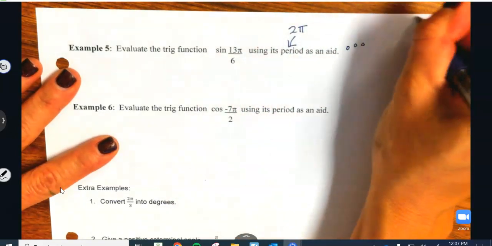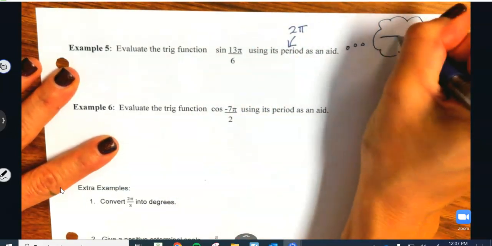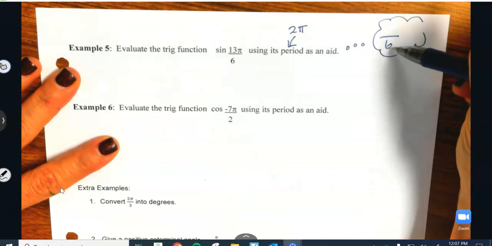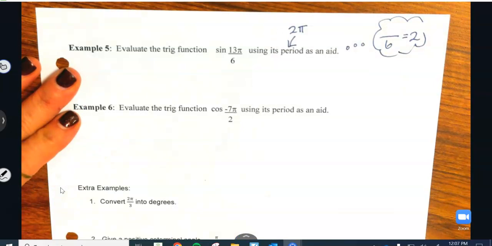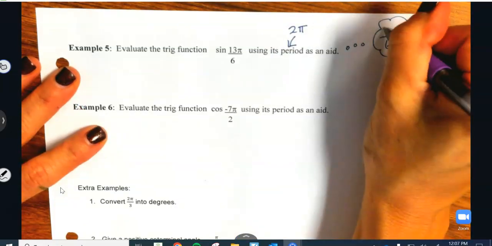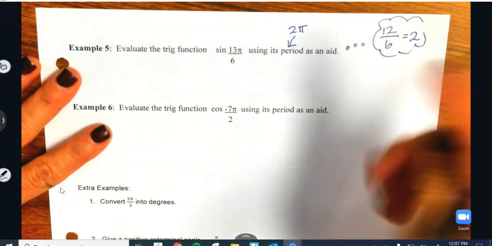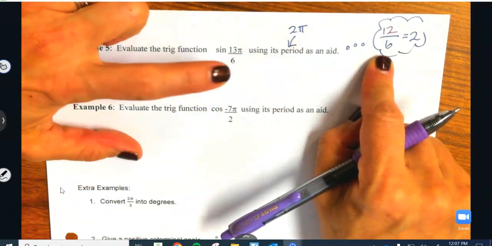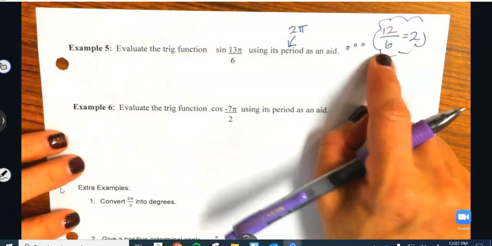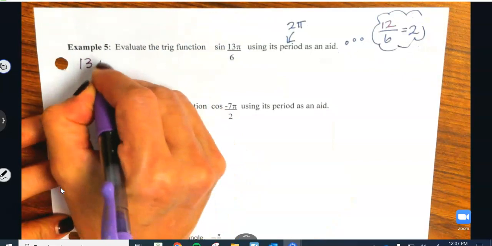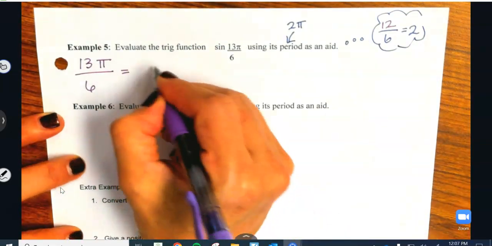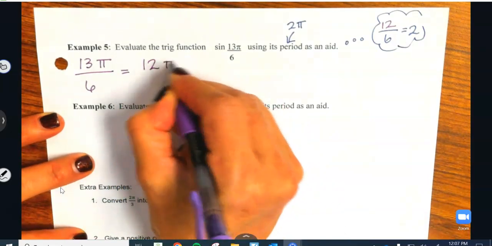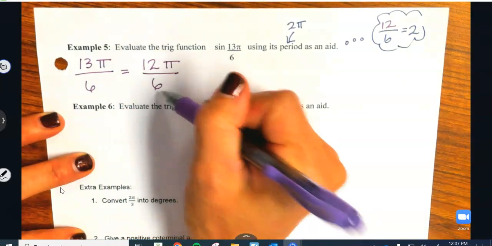Think about what divided by 6 equals 2. The answer, of course, is 12. So we're going to write 2 pi in like terms of 6's. Here we go. We're going to start out with 13 pi over 6, and we are going to write a period, which is 12 pi over 6.